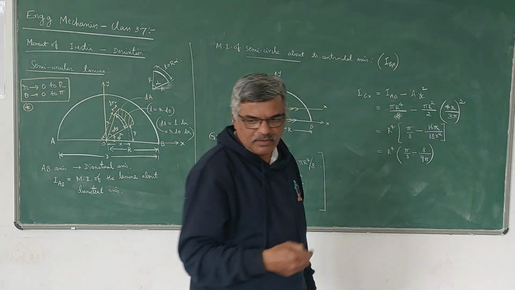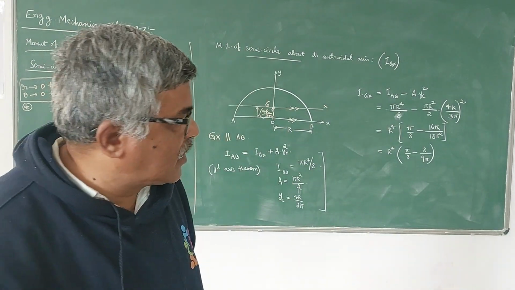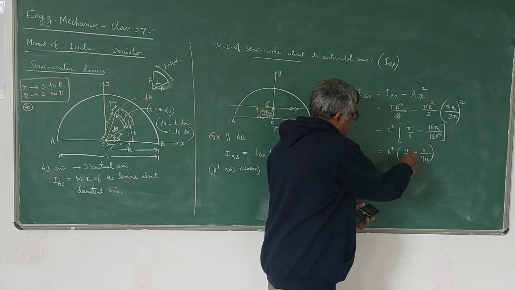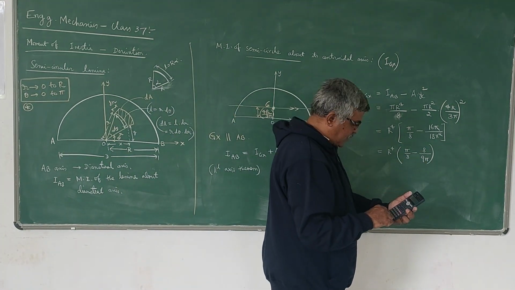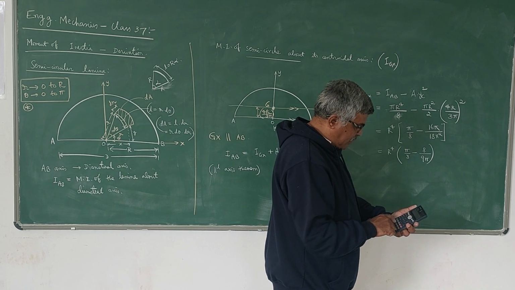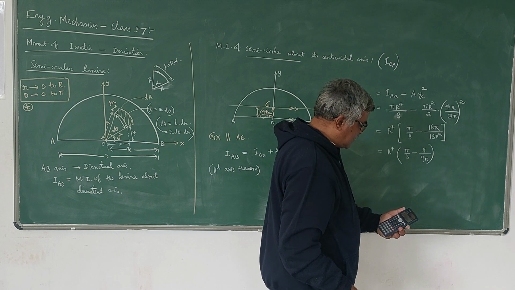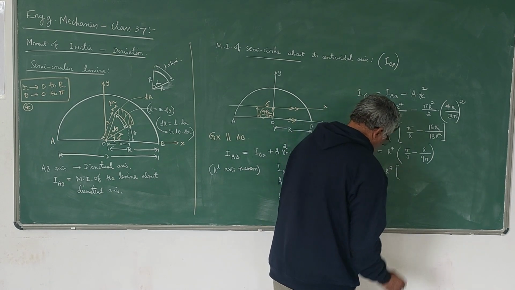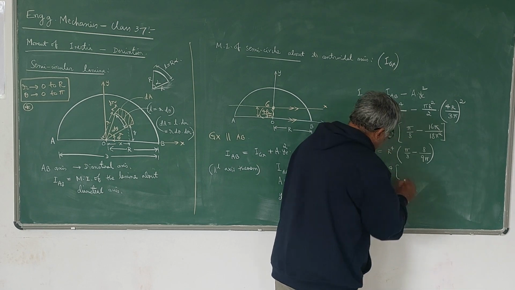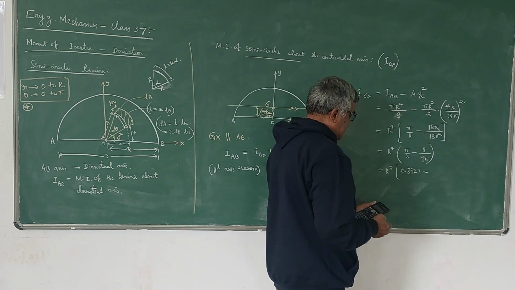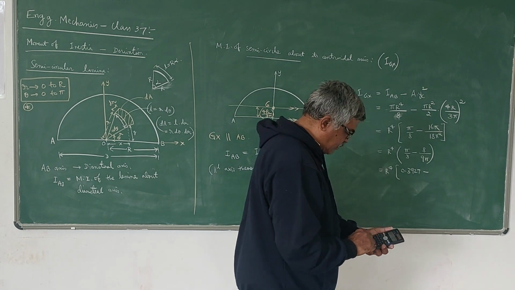Now let us see what is the value of that constant. So pi by 8 is 0.3927, minus 8 by 9 pi.